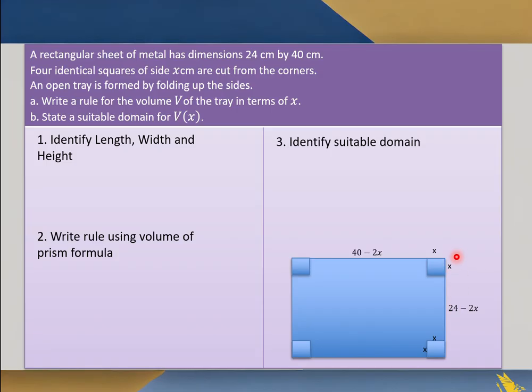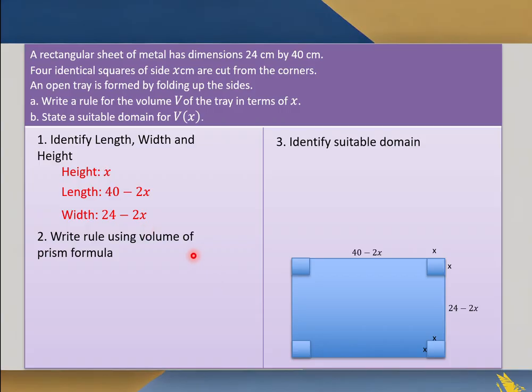On this side, the whole thing is 24 centimetres, but we're cutting out 2x's, so it's 24 take away 2x. So this tells me my length, my width, and my height. So I've just labelled them. Height is x, length is 40 minus 2x, and width is 24 minus 2x.